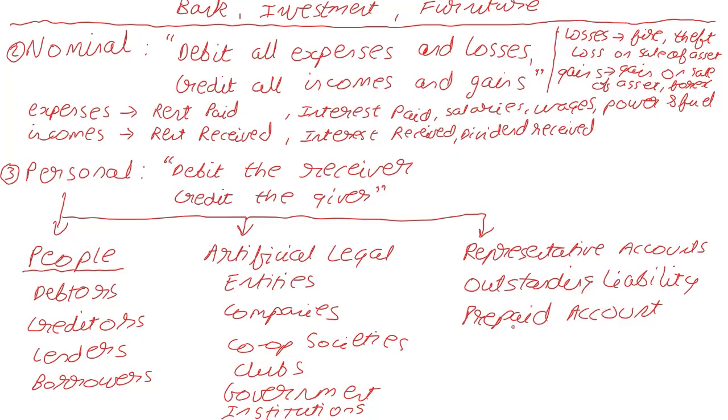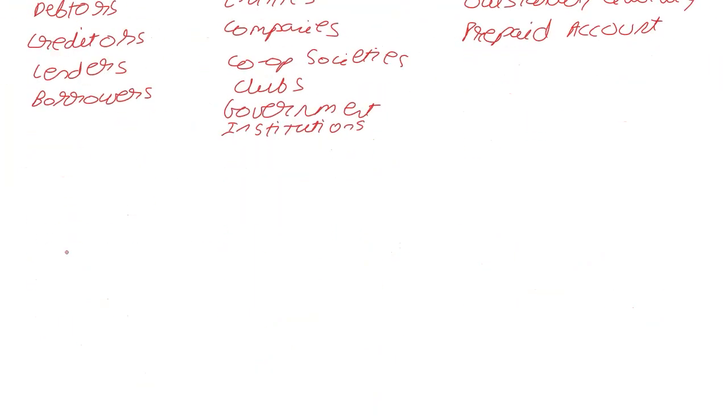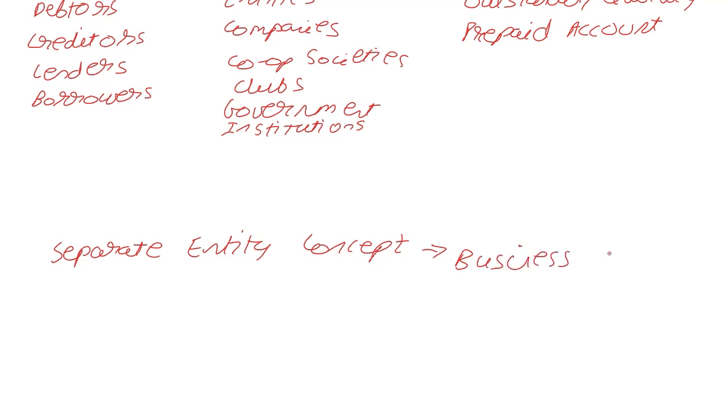Similarly, in accounting, we follow something called the separate entity concept. The separate entity concept tells us that the business and the businessman or woman are separate.